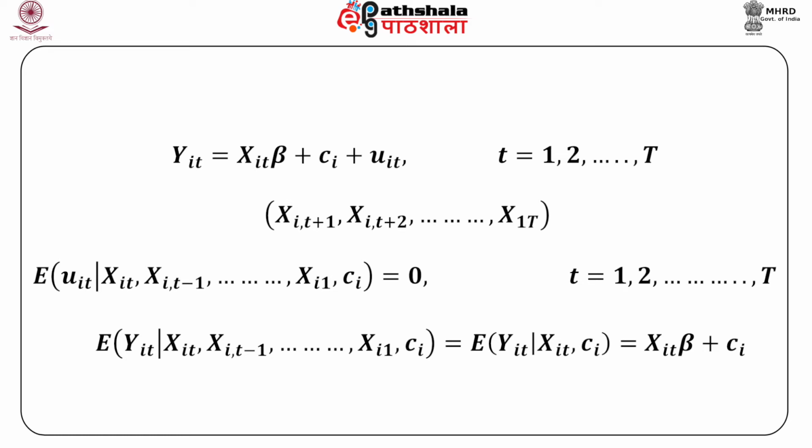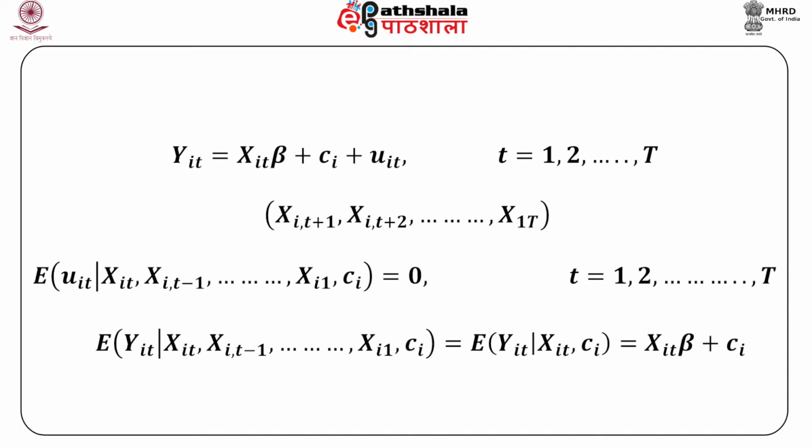Here in this model, we allow C_i to be arbitrarily correlated with X_it and U_it to be correlated with future values of explanatory variables, which are X_i,t+1, X_i,t+2, up to X_iT. There are many models, including the AR(1) model, where it is reasonable to assume that U_it is uncorrelated with current and past values of X_it.